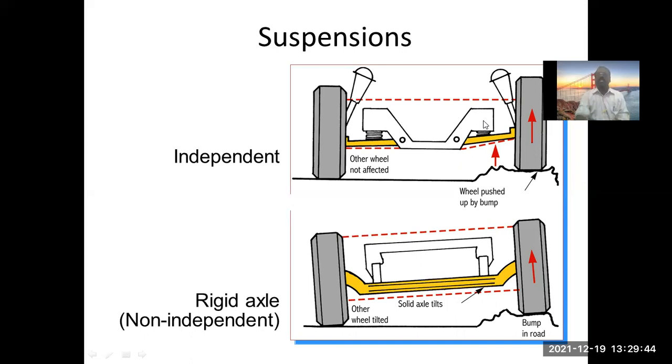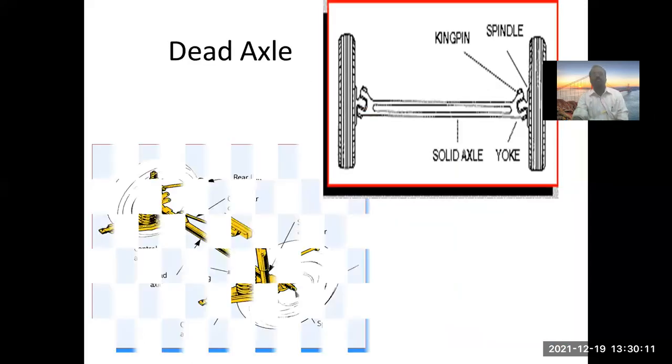On the other hand, in independent suspension, it is free to move up and down on its own, and therefore whatever shocks are coming, it will take care of them itself, and any up and down motion will not be transmitted back to the chassis or the axle. Therefore the axle generally remains horizontal, and the body is not affected by the up and down motion of the wheel. So that is where we call it independent type of suspension.